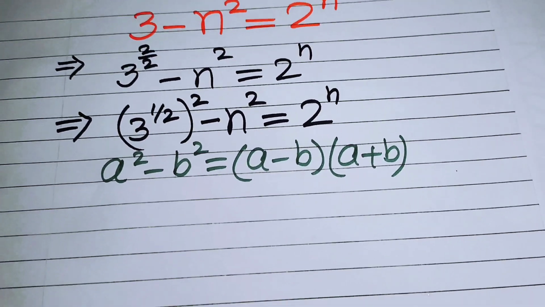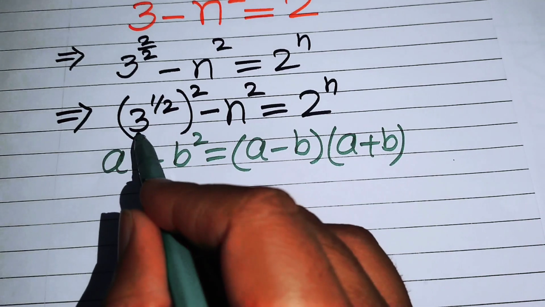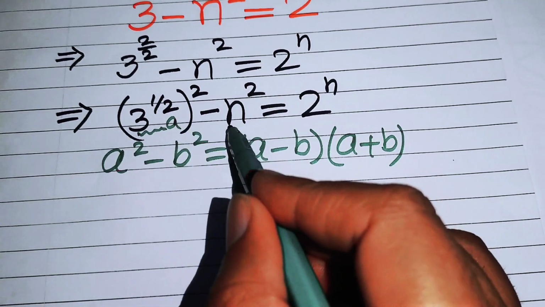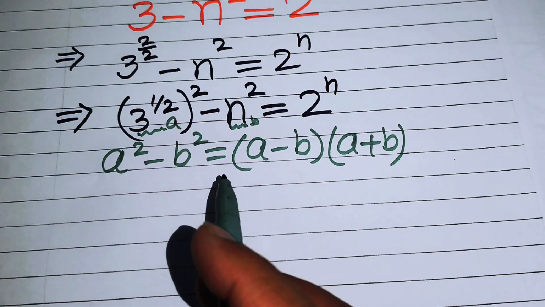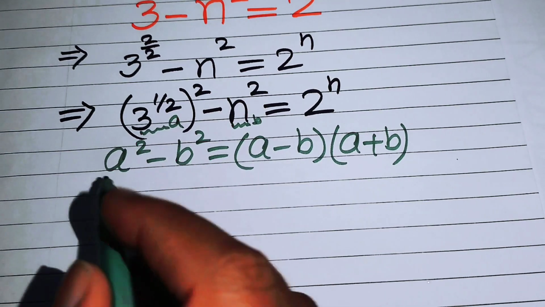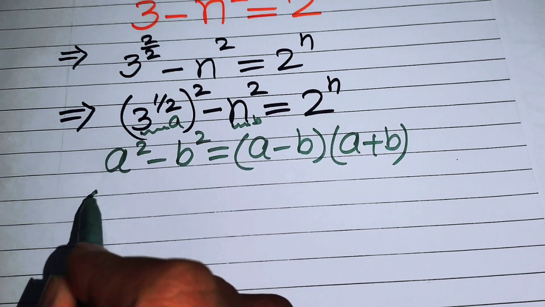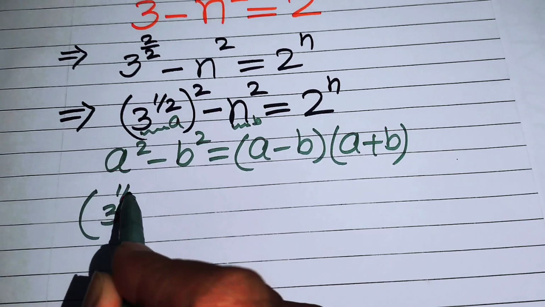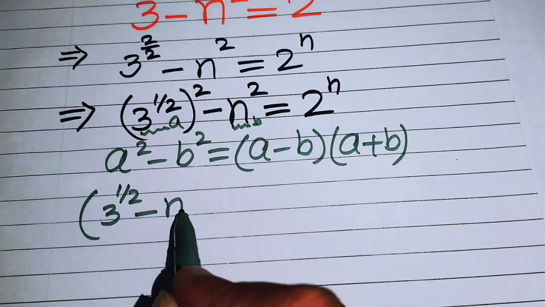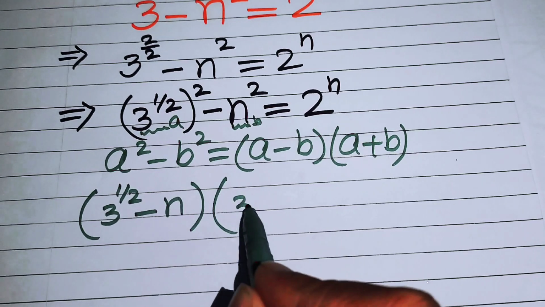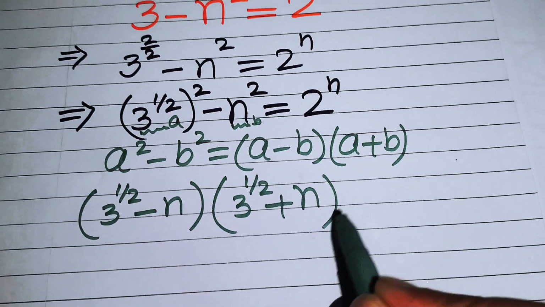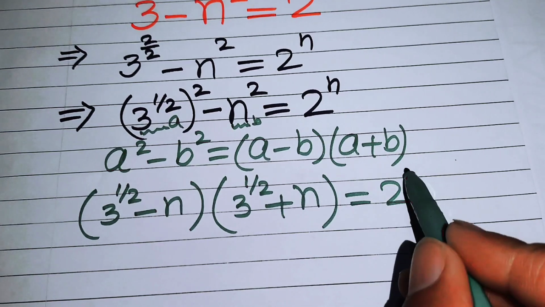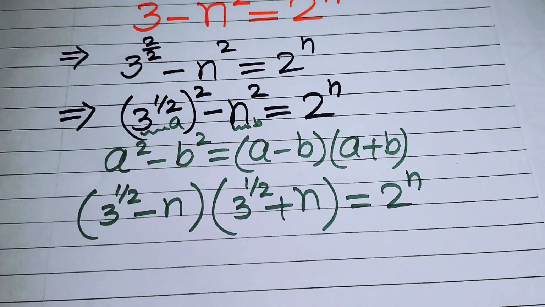So now we use this law, and here you see this is the value of a and this is the value of b, and we write it as 3 to the power of 1 by 2 minus n, into 3 to the power of 1 by 2 plus n, and this whole equals 2 to the power of n.